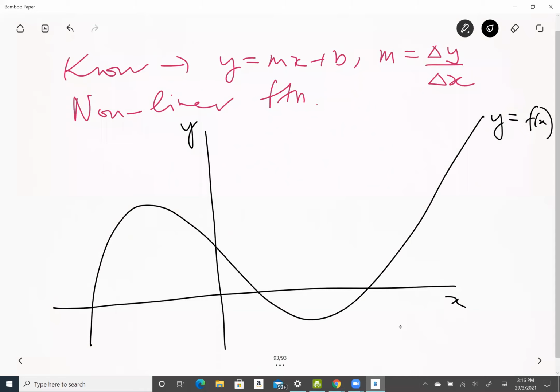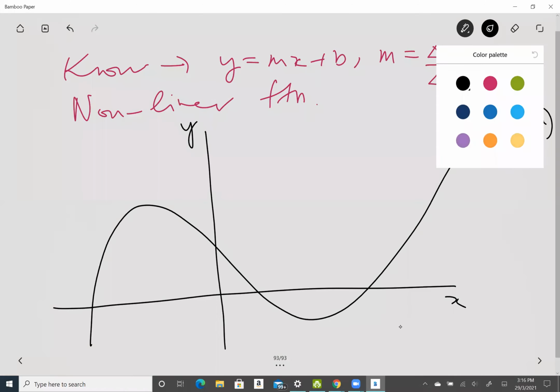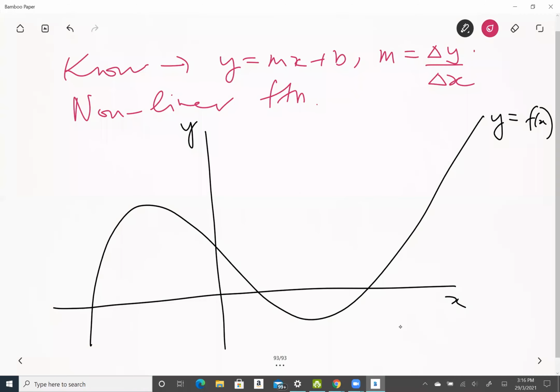For this curve, let's say we use the slope formula here, m equal to delta y over delta x, and you take 2 points.